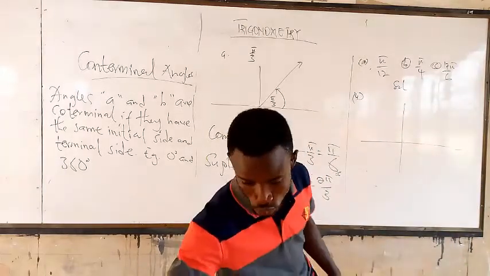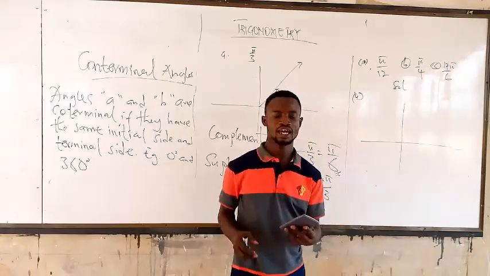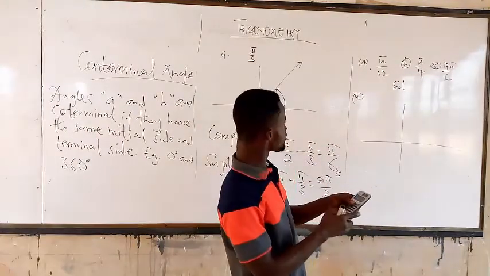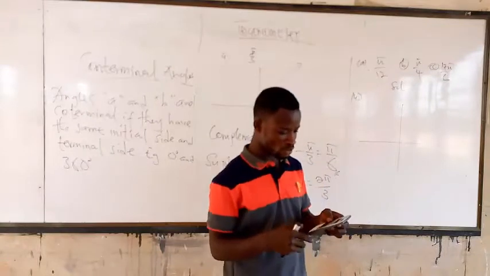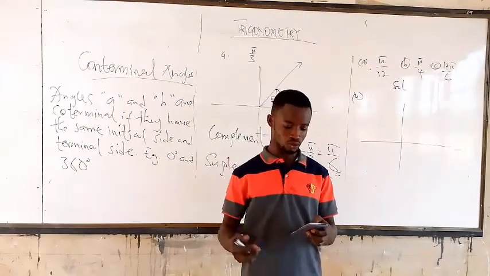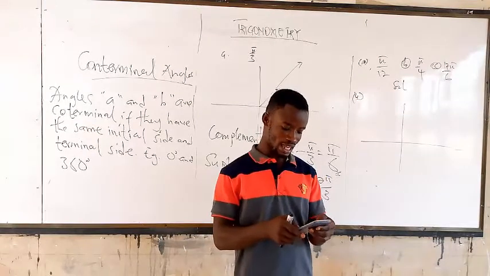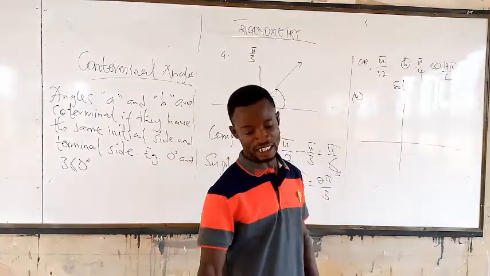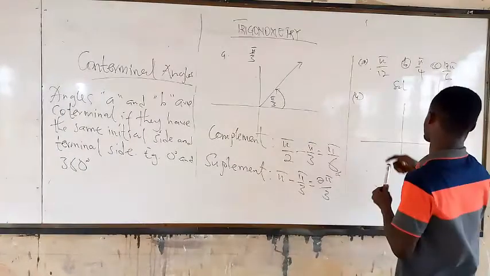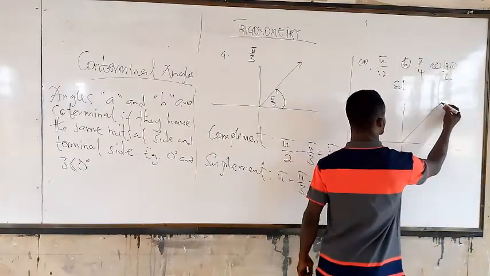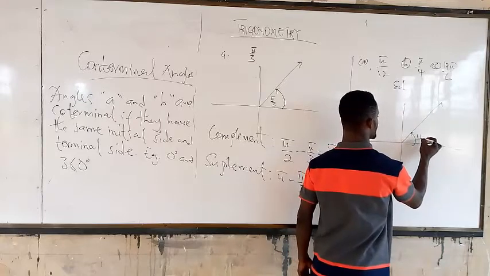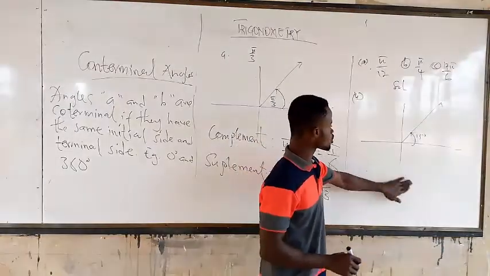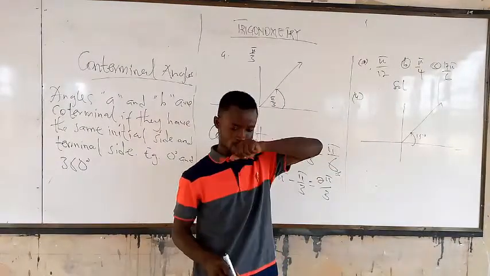This is pi over 12. It is helpful to convert to degrees, so multiply by 180 over pi. That is 15 degrees. So 15 degrees is here.